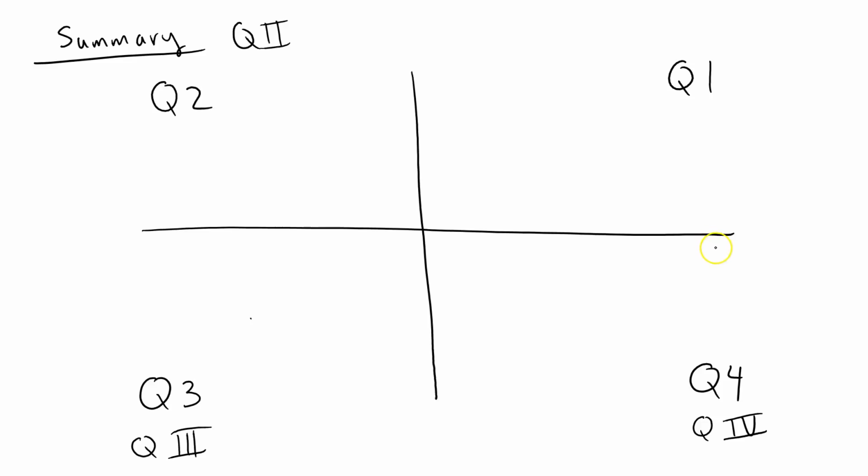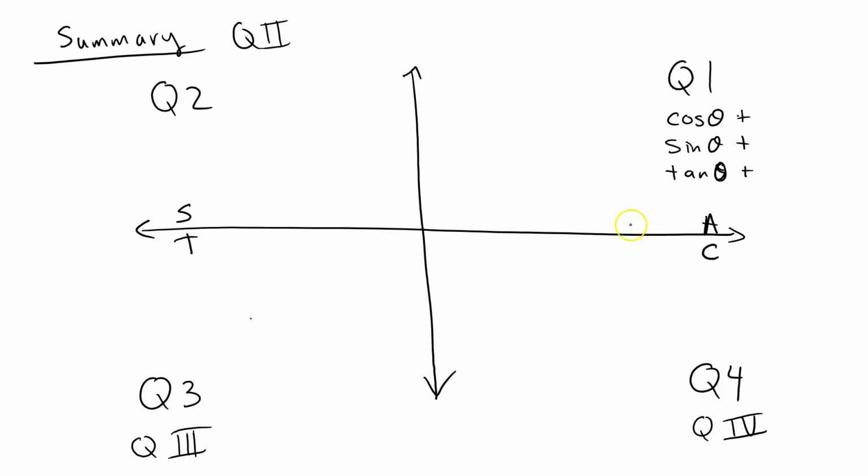So let's talk about the CAST rule. If we have our coordinate plane here, we say in quadrant 1, we're going to have all trigonometric ratios positive. So cos theta is positive, sine theta is positive, and tan theta is positive.